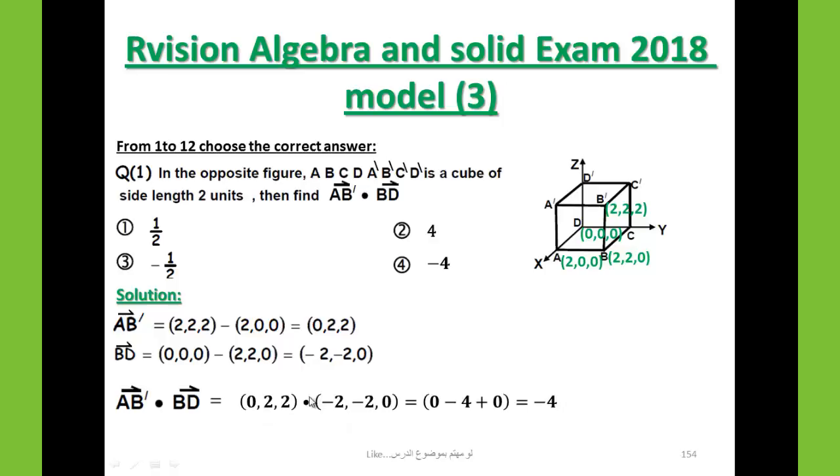So 0 multiply negative 2 equals 0, plus 2 multiply negative 2 equals negative 4, plus 2 multiply 0 equals 0. So the result equals negative 4, and the answer is number 4. It is negative 4.